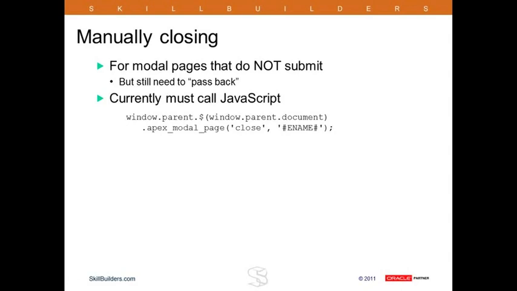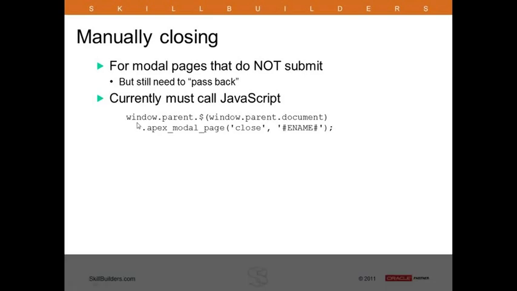Okay, so you have to keep in mind, what we're trying to do is close the modal page from the child window, from the page that we open. All right, so in order to do this, we actually need to go back to the parent window. So we go window.parent, and then you see this $ sign here. This is the jQuery object. So we're actually getting to the jQuery object of the parent window. And again, we're going to the parent window, this time for the document object.